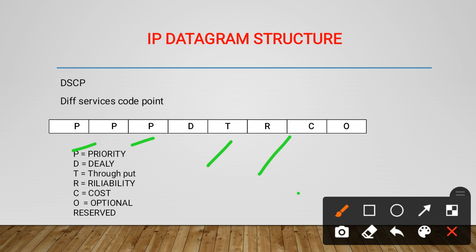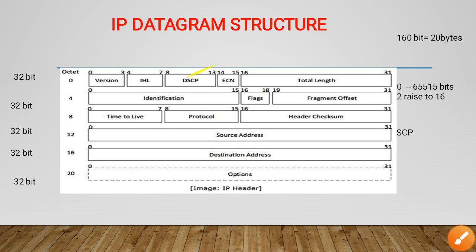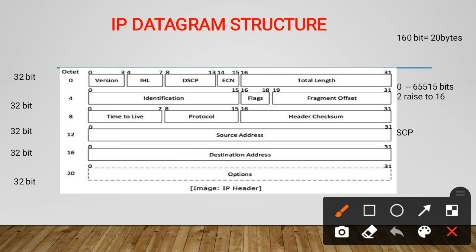C is for cost, which is nothing but the shortest path: if the data takes the shortest path, C is equal to 1, otherwise 0. O is the optional bit. These 8 bits are used for the DSCP and ECN. Then after that there is a 16-bit total length.